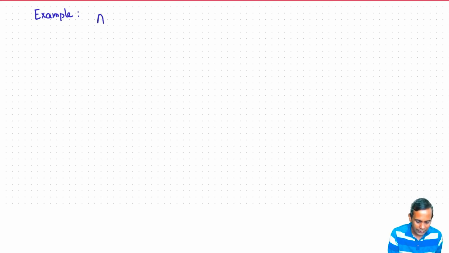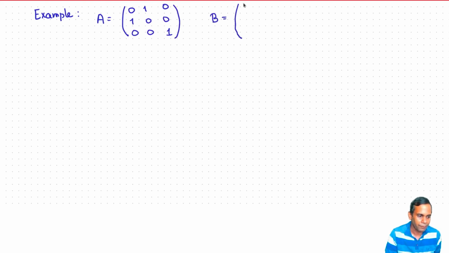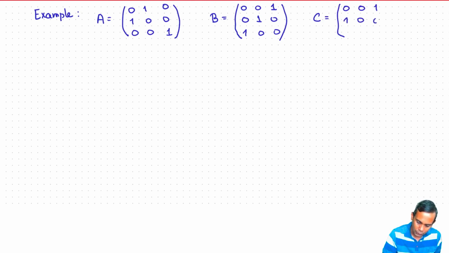Let's take A to be the matrix 0, 1, 0, 1, 0, 0, 0, 0, 1. B to be the matrix 0, 0, 1, 0, 1, 0, 1, 0, 0. And C to be the matrix 0, 0, 1, 1, 0, 0, 0, 1, 0.